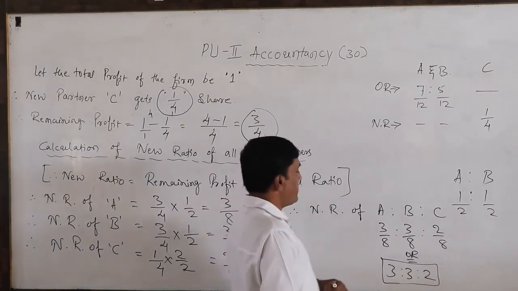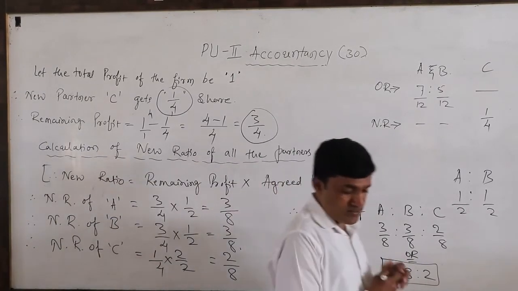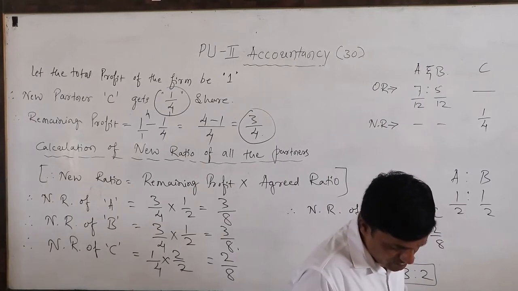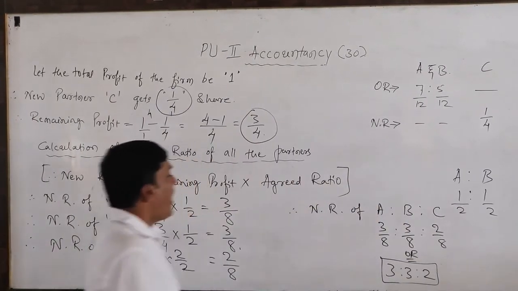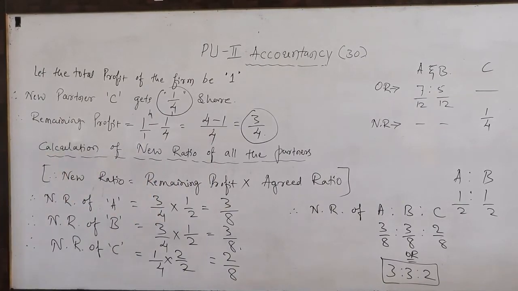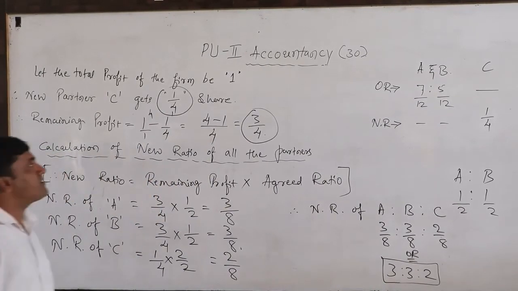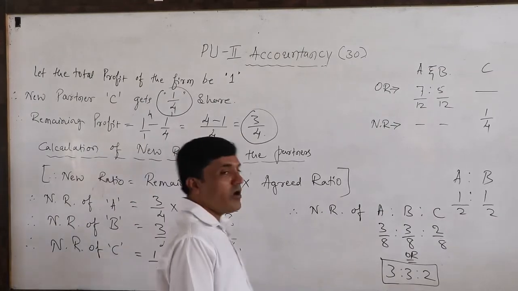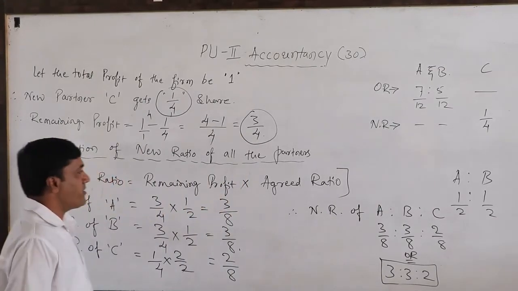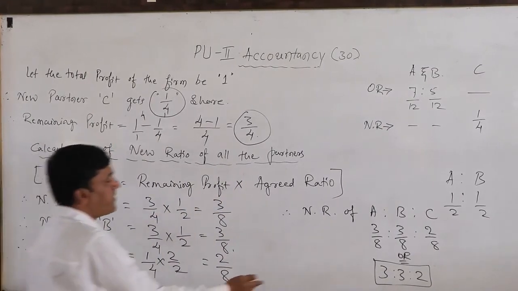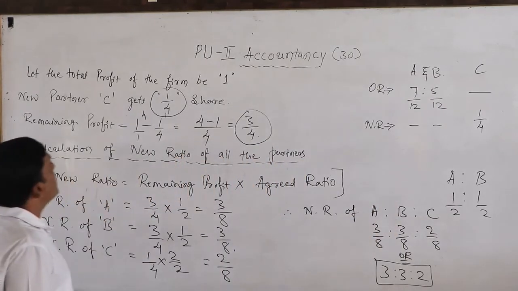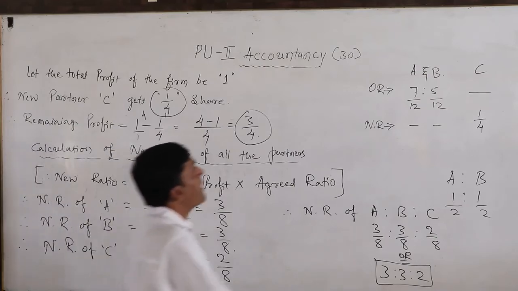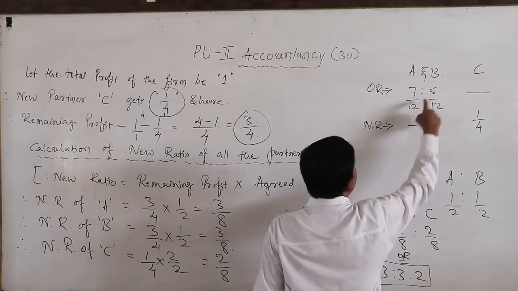So further, in this problem, dear students, they are asking to ascertain the sacrifice ratio. As you all know, for ascertaining the sacrifice ratio, we need old ratio as well as new ratio. By applying this, we have ascertained the new ratio of all the partners, but already the old ratio of A and B is there, 7 by 12 and 5 by 12.